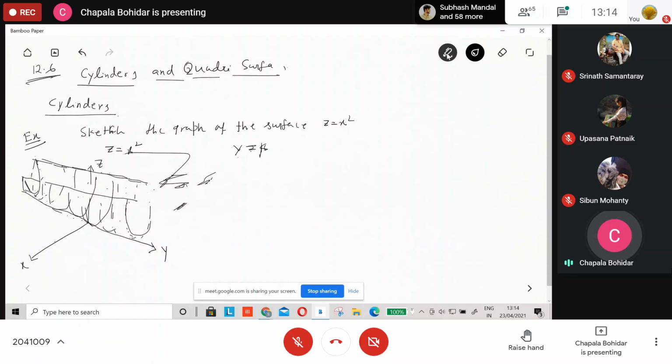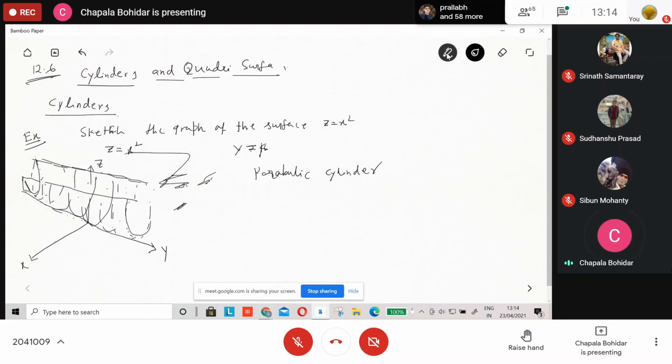It is a parabolic cylinder. So it is moving in the direction of y and we get a parabolic cylinder. Clear here? So now, after getting that parabolic cylinder, the direction of that cylinder is your y-axis.